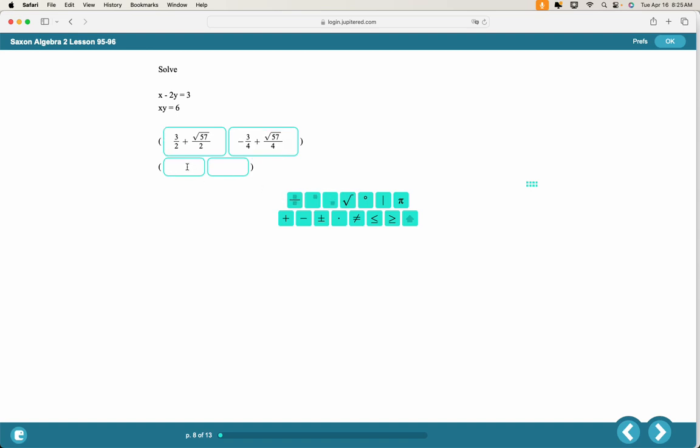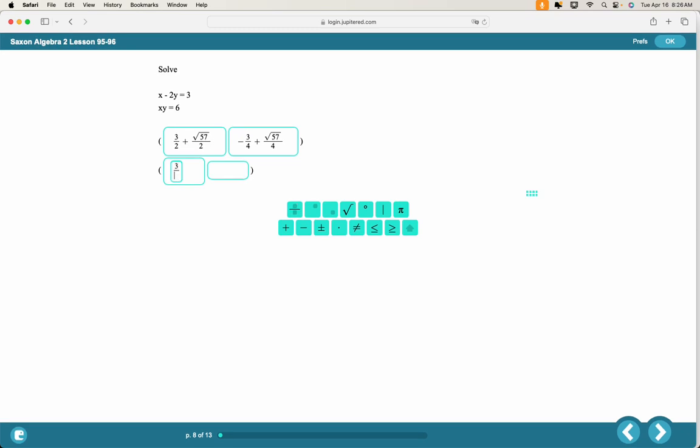Then down here we've got 3 over 2 minus square root of 57 over 2 and negative 3 over 4 minus square root of 57 over 4. And those are your two solutions.